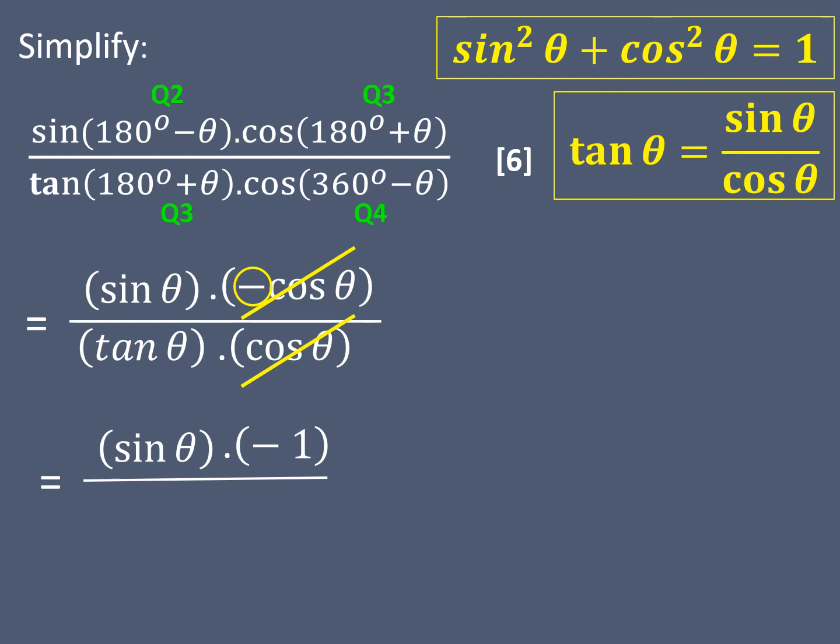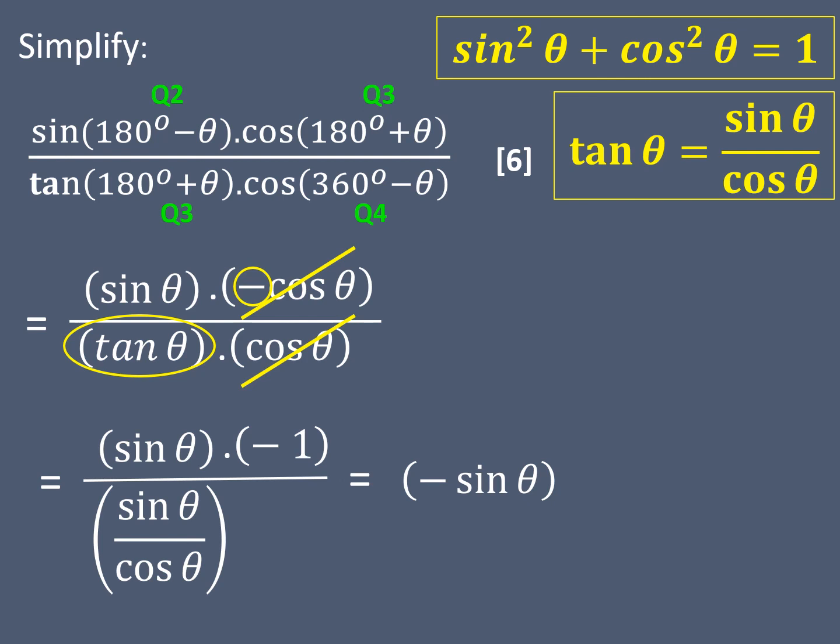Tan theta, can we simplify further? Well, we've got our identity that we can use. So tan theta, I can rewrite as sine theta over cos theta. Let's take it one step further. In my numerator, I'm going to have sine theta times minus 1, which gives me minus sine theta.